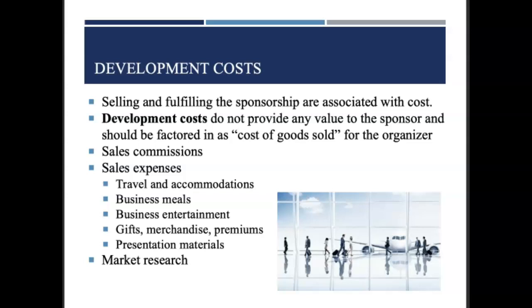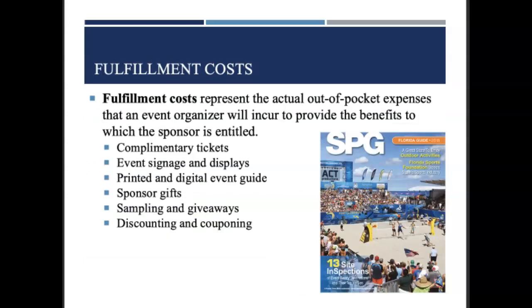After rounds of negotiation, we reach agreements, and these potential clients decided to collaborate with us, put the money into our events. So we also have to spend money when the agreement is done. This is called fulfillment cost. So the fulfillment cost represents the actual out-of-pocket expense that the event organizers will incur to provide the benefit to which the sponsor is entitled.